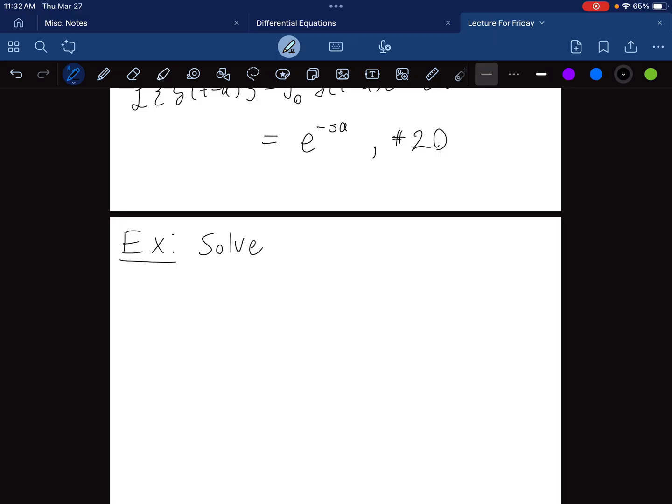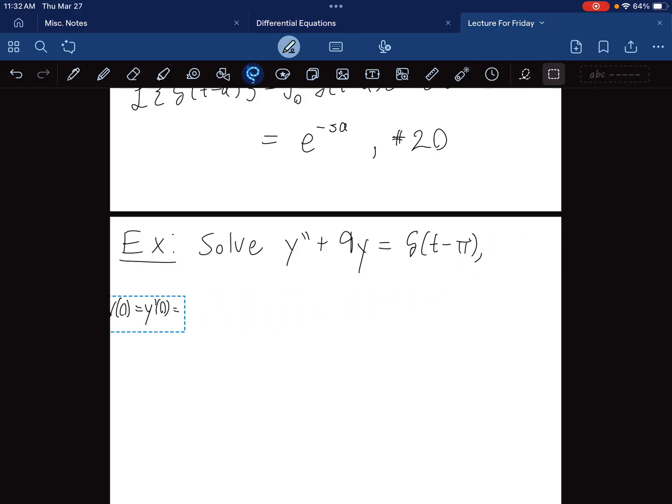We want to solve this ODE of y double prime plus 9y is equal to the Dirac delta function of t minus pi, for the initial conditions y of 0 equal y prime of 0, which in this case is just going to equal 0.